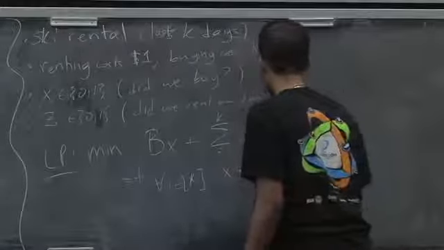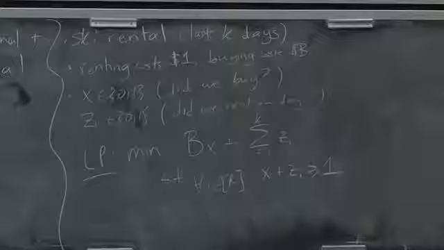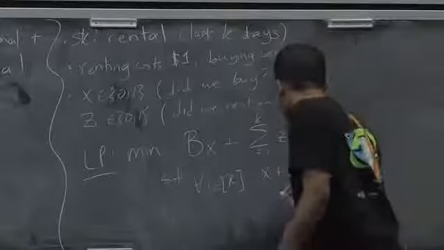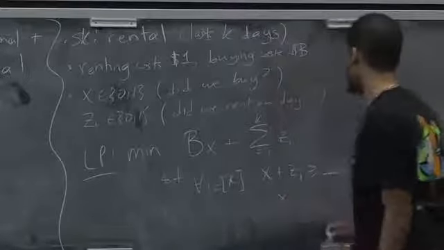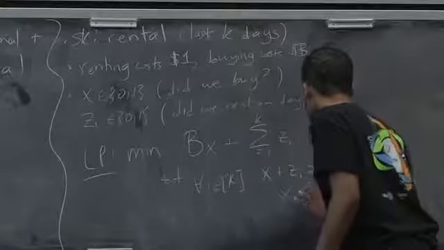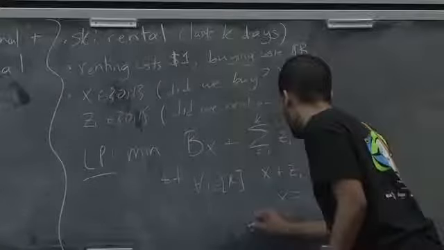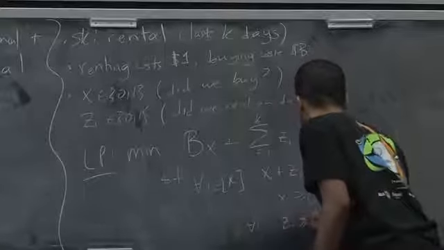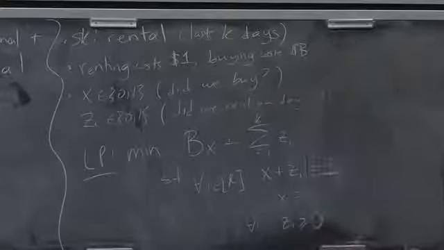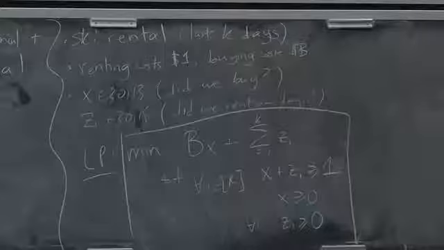And to fully capture the problem, we need the constraints zi is either 0 or 1, x is either 0 or 1. Those kinds of constraints are not allowed in an LP. So we're going to relax the problem, so it won't exactly capture the problem. We're just going to say x is at least 0, and for all i, zi is at least 0. What do you know? It's a covering LP.